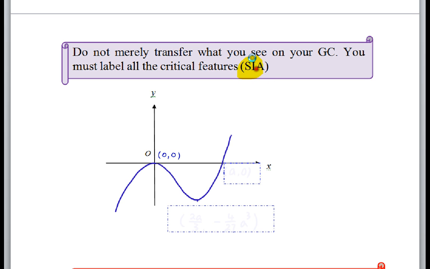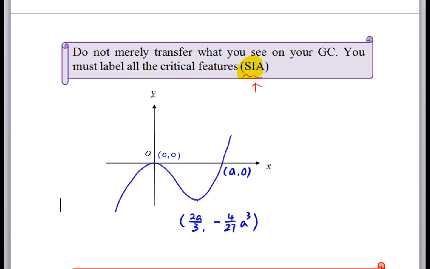Yes, very good. Here, SIA, please. Earlier you have found this intercept a, 0 analytically. Earlier you have found this minimum point analytically. Okay, good, done.